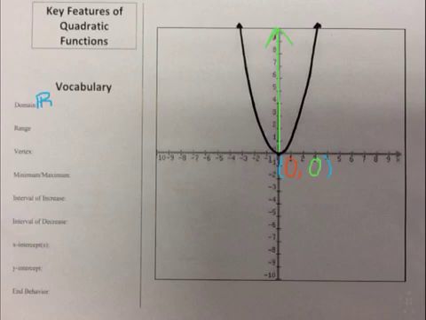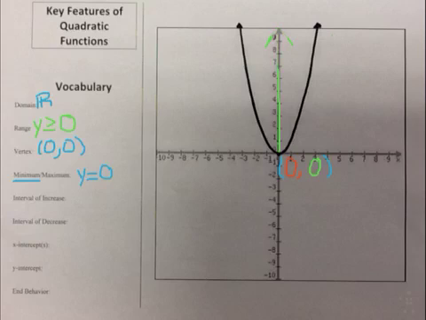So your range is going to be y values that are greater than or equal to 0. We already established our vertex was the point 0, 0. This time we have a minimum because the graph opens up and it's at the y value of 0.